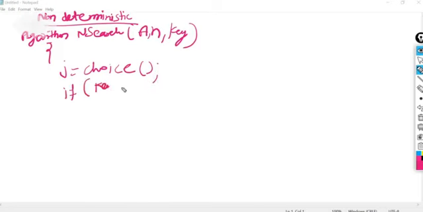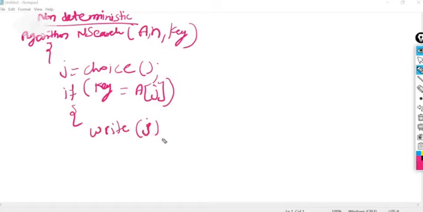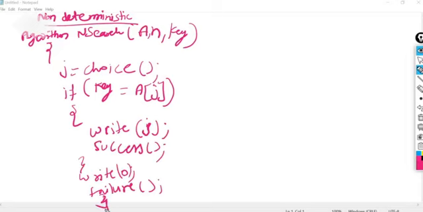So if this is an algorithm here for any problem, try to understand this algorithm. This is an algorithm for searching any key element. A is the array, n is the number of elements, key is the searching element for which we are searching in the array. Here, choice is a function, and then success is a function, and then failure.